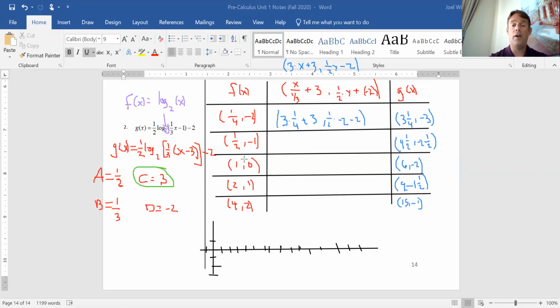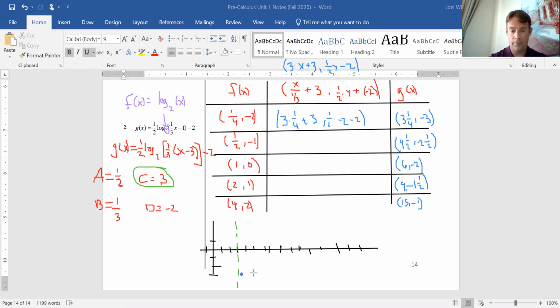All right, again, we had our asymptote, x equals 3, so let's throw that in there. Looks like because of this, we're not going to end up with a y-intercept again. So 3 1/4 and -3. Be right about here.